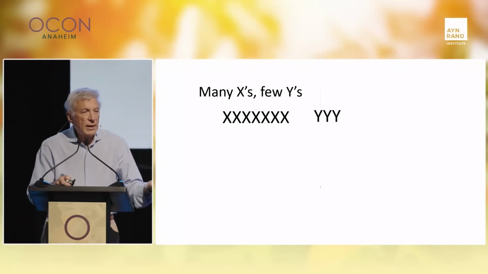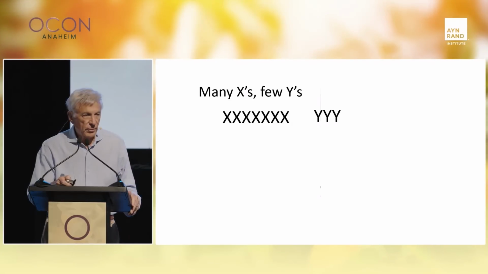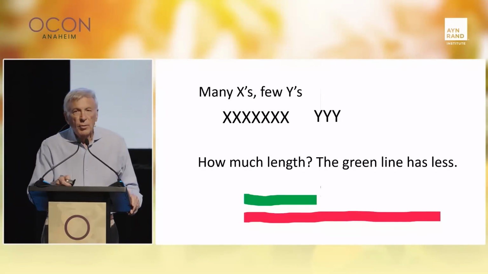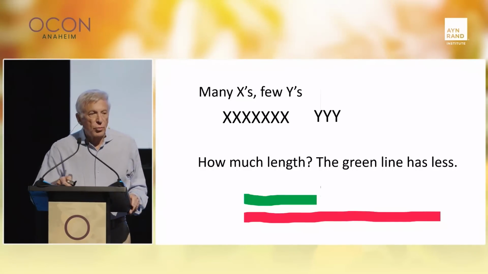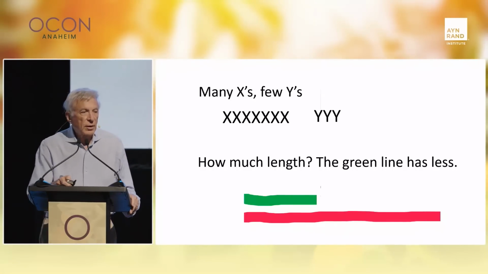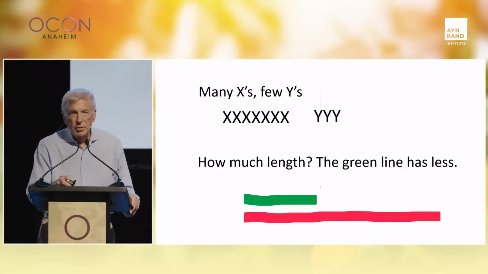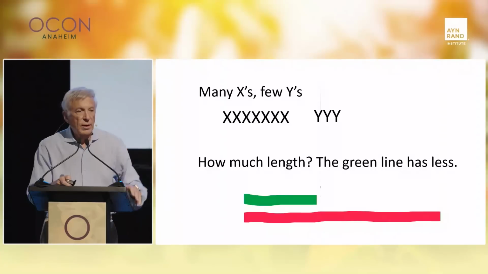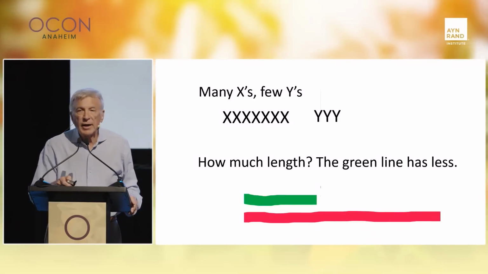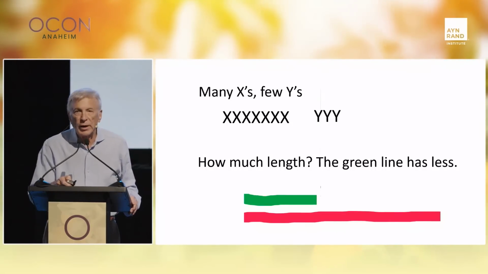There are many X's and few Y's. Magnitude or muchness is an attribute, a characteristic that can be more or less. Like the green line has less length than the red line.